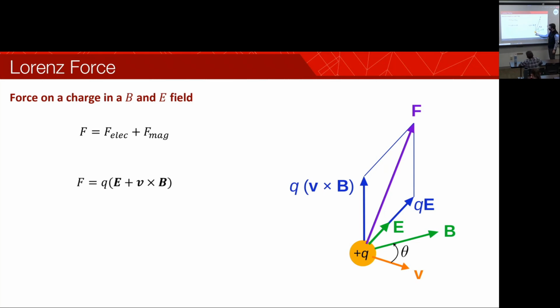For a charge Q in electric field E, the electric force on that charge is in the same direction as that electric field. The electric force is just a scalar multiplier of the electric field.